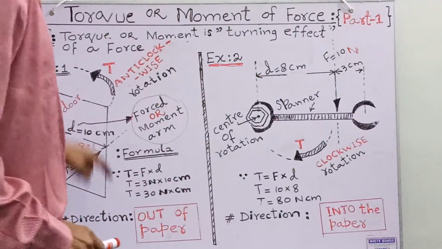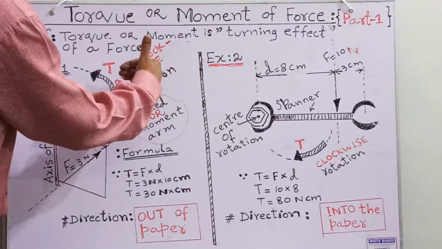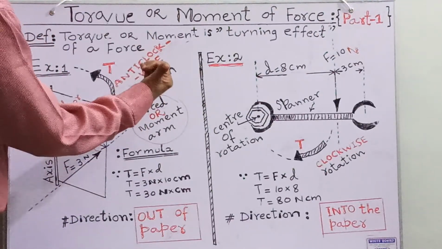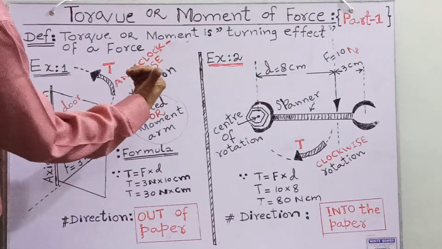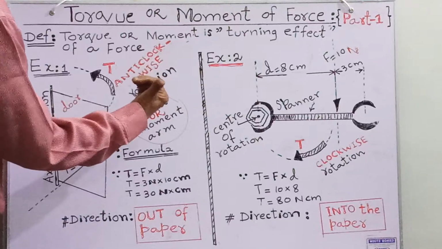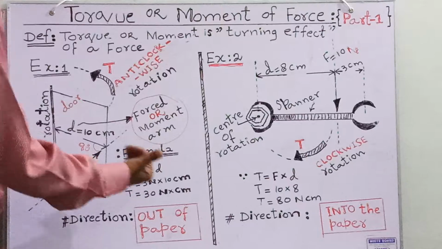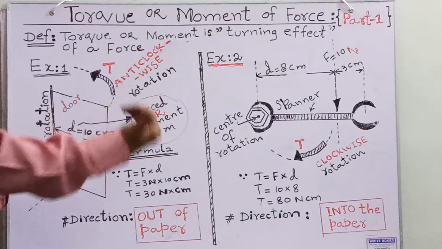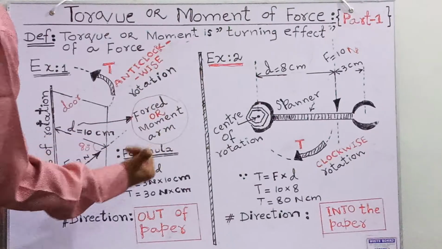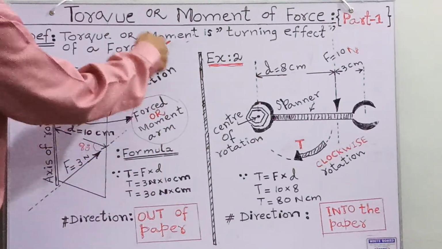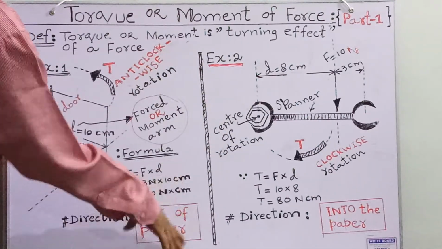Now, when the body is moving in the anti-clockwise direction like that, the thumb shows the direction of torque. When the rotation is anti-clockwise, the torque or the moment always points out of paper. Not really out of paper, but it is a convention. So when the rotation of the body is anti-clockwise, the direction of the torque is out of paper.